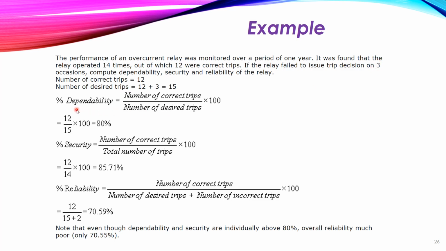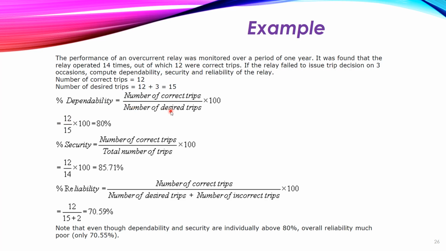So the dependability, we said, equals the number of correct trips over the number of desired trips. The correct trips here, the relay tripped 12 times correctly, so the correct is 12. What is the number of desired trips?